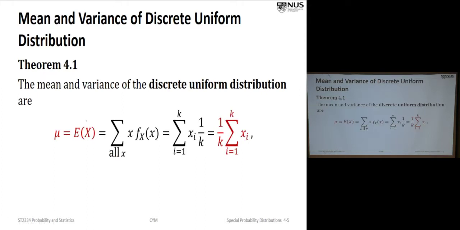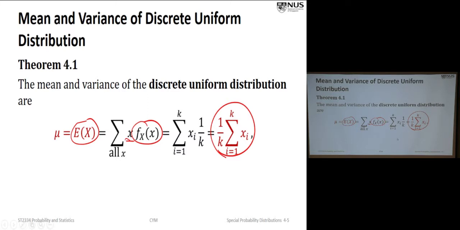The expectation of x, by definition, is x times the corresponding probability f of x, summed over all possible x. So in this example, it's equal to the sum of all the xi divided by k, or 1 over k times the sum of the xi.